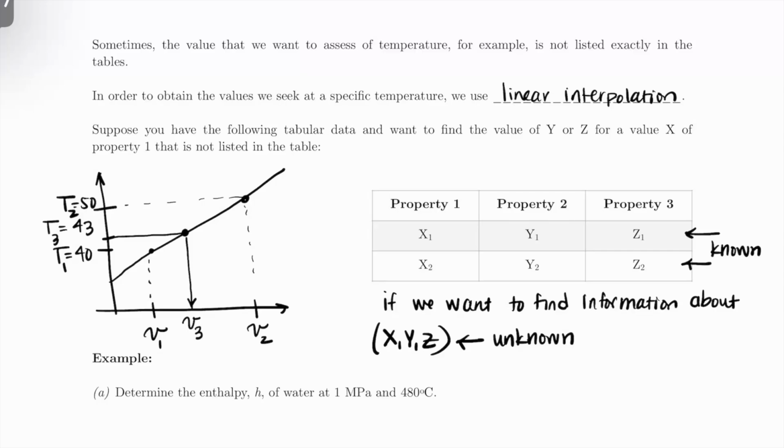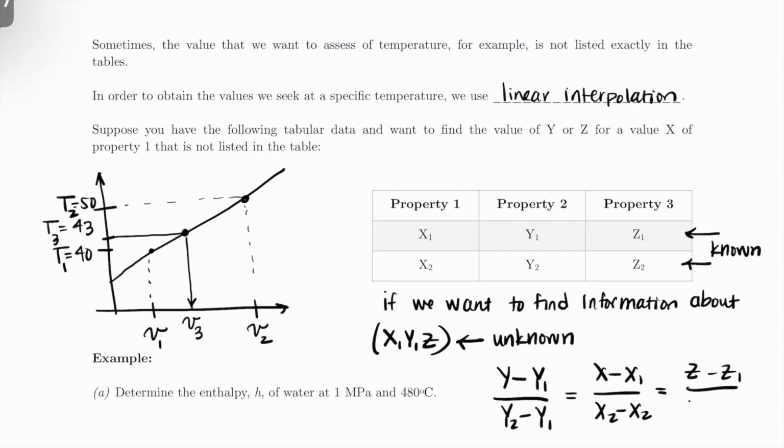What we will do is we'll say Y minus Y1 over Y2 minus Y1 is equal to X minus X1 over X2 minus X1 is equal to Z minus Z1 over Z2 minus Z1.